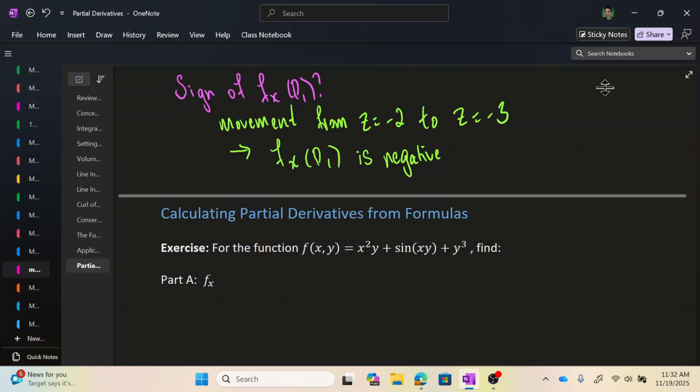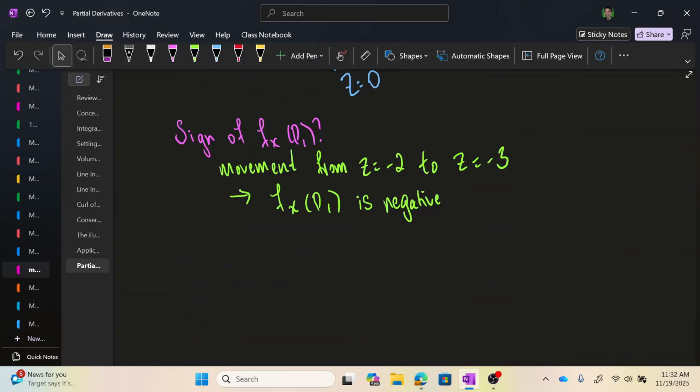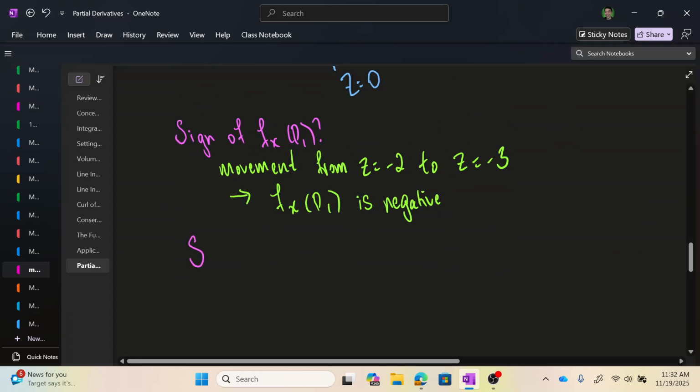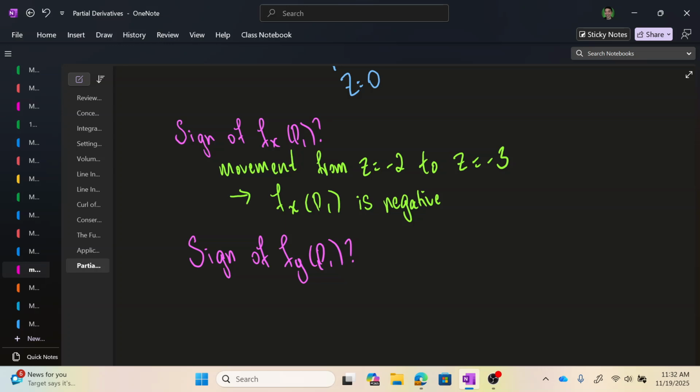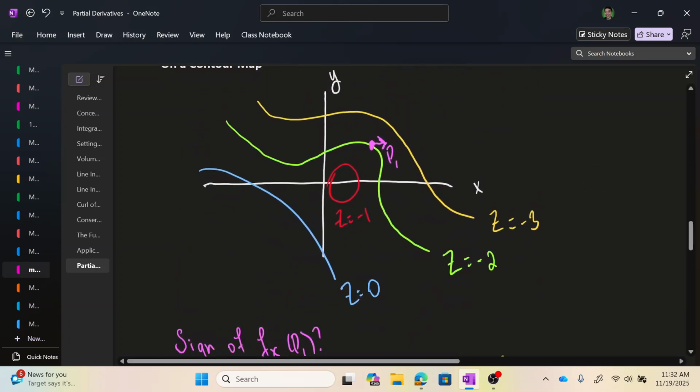Similarly, at that same location, I can ask what's the sign of the partial derivative in the y direction? Now, a partial derivative in the y direction corresponds to a slight increase in the y values, which would correspond to a small movement vertically straight up.